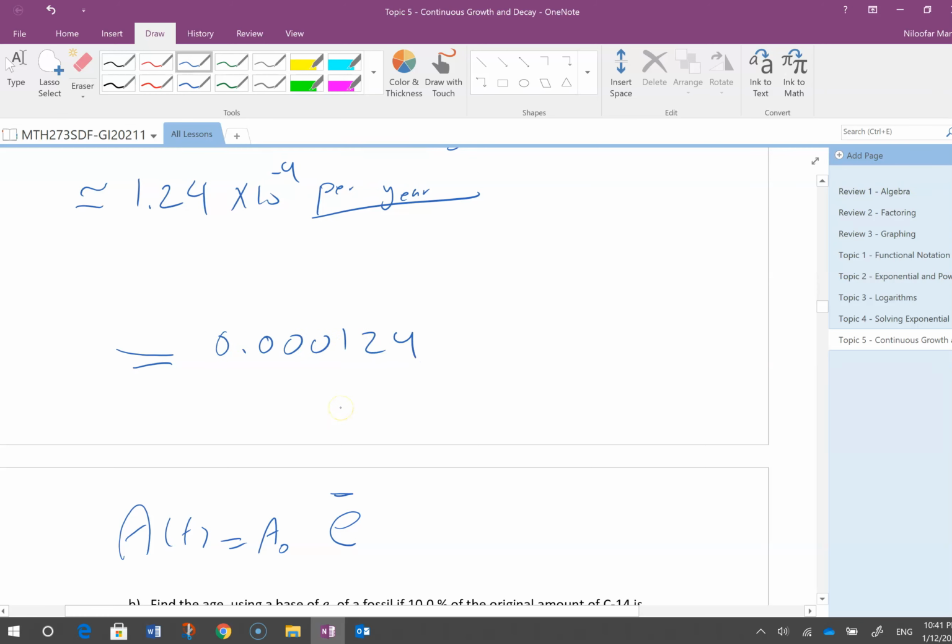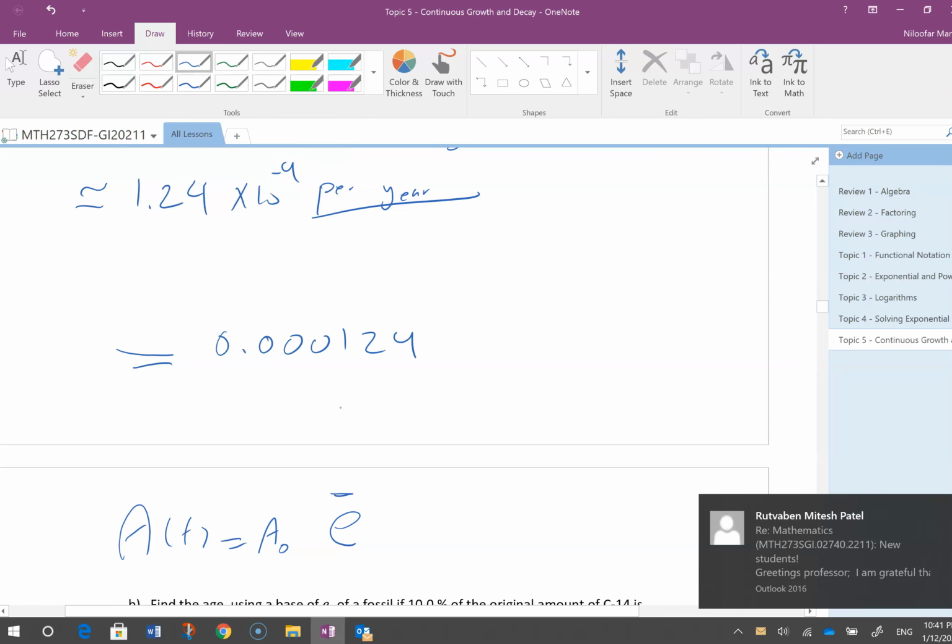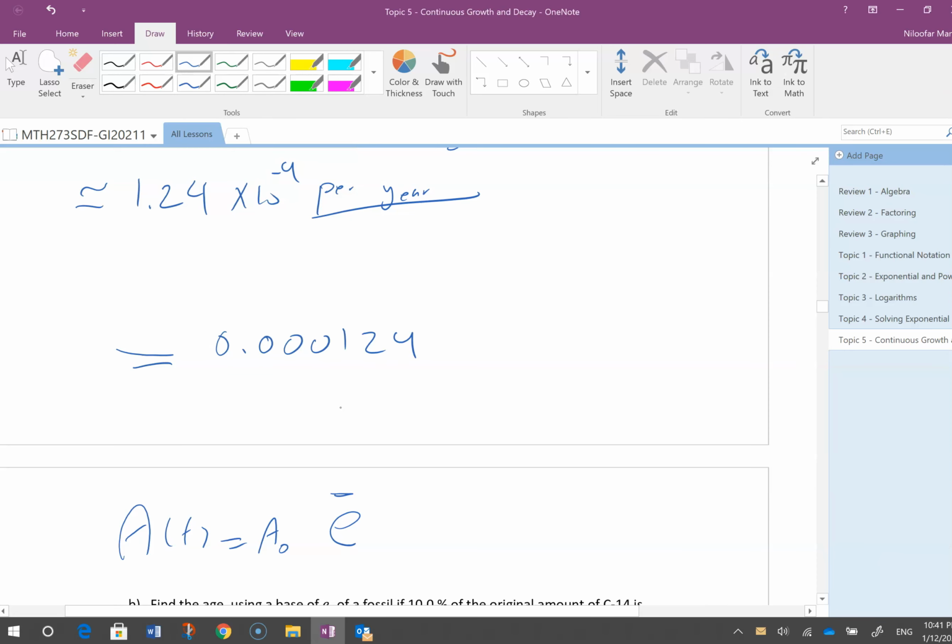0.000124. And again, if I use the rounded 124 here, it will be wrong. I stopped there because I was finishing part A. But right now, I use 0.000123997.